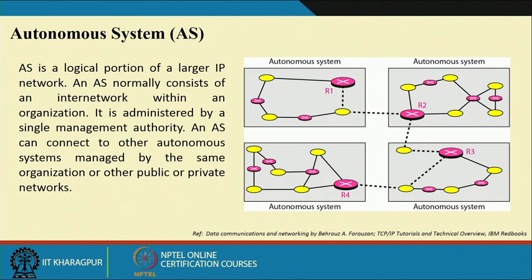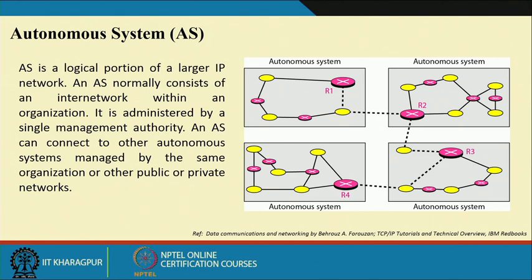So, what we have, as the figure shows, is several such autonomous systems across the network, and each autonomous system is identified by a unique number that we get from the international regulatory authority.